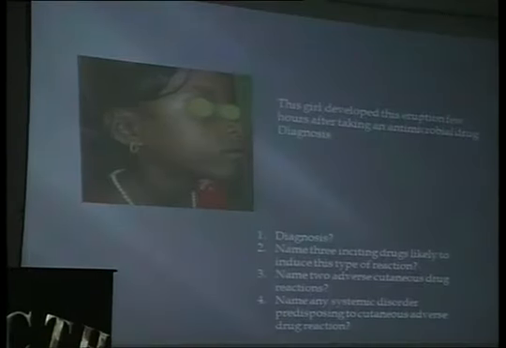Once again, a common case in exam or in practice. Fixed drug eruption. Why do you say it is fixed drug eruption? Any reason for that? Can you describe this lesion?